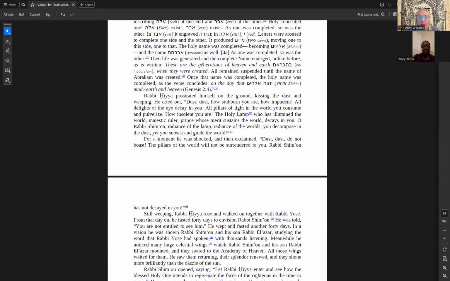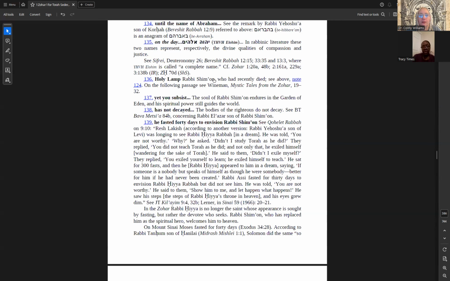Then life was generated and the complete name emerged, unlike before, as is written, "These are the generations of heaven and earth." Behi Baraam. See the Abraham in there already. When they were created, all remained suspended until the name Abraham was created.